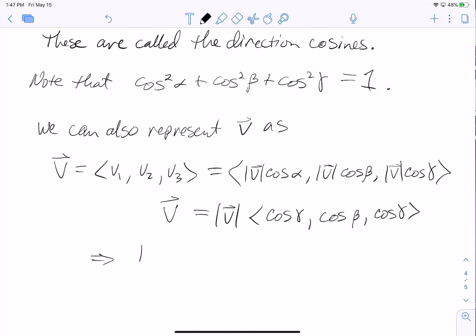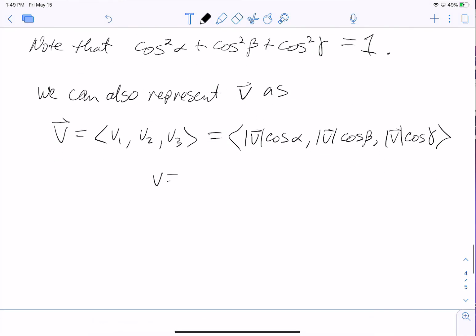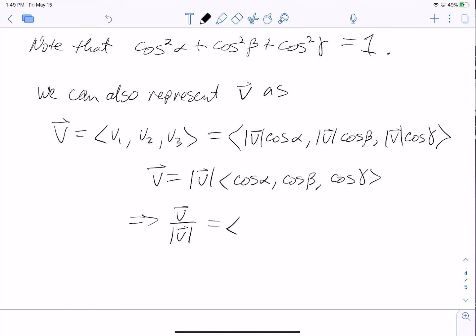Dividing by the magnitude gives us that v divided by its magnitude is equal to that vector made with the direction cosines: cosine of alpha, cosine of beta, cosine of gamma.